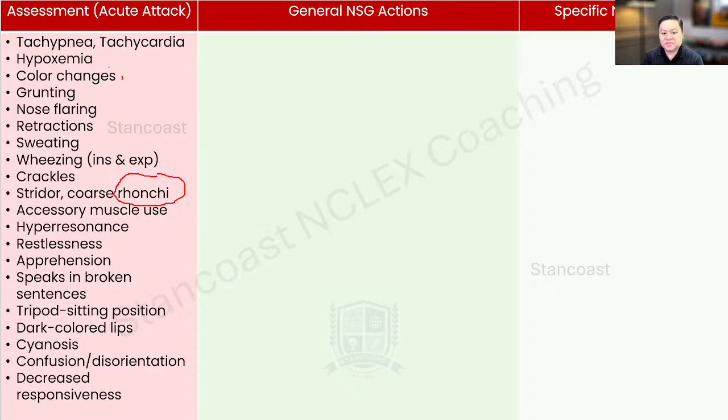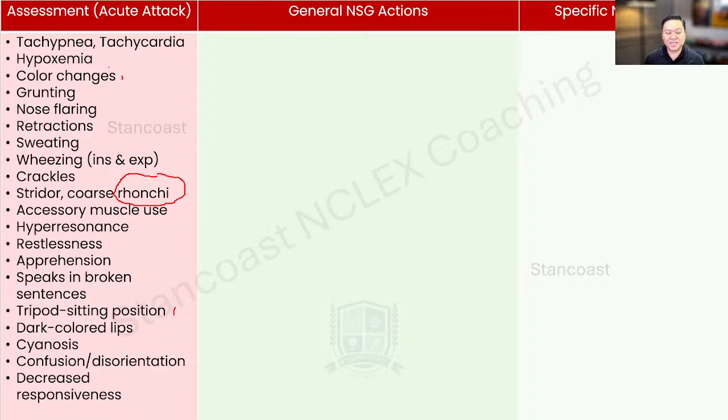And of course, because of the hypoxemia, they will end up so restless, agitated. They will be confused. They will not be able to speak in full sentences. Probably just a few words, this is the only thing that they can do, okay? Not able to speak in long phrases. So this simply means that our patient is not getting enough oxygen. It's not a good thing. Now, also think about the tripod sitting position. This is classic, guys, in a patient with asthma.